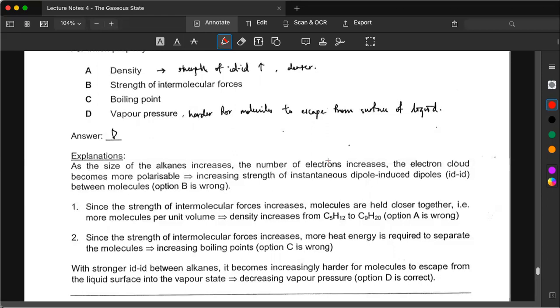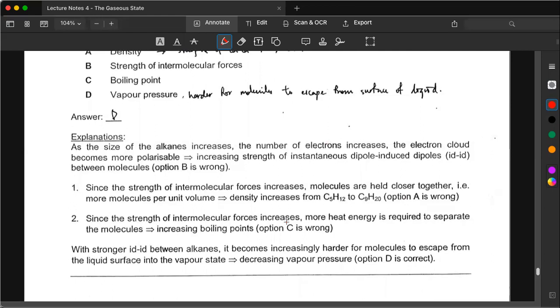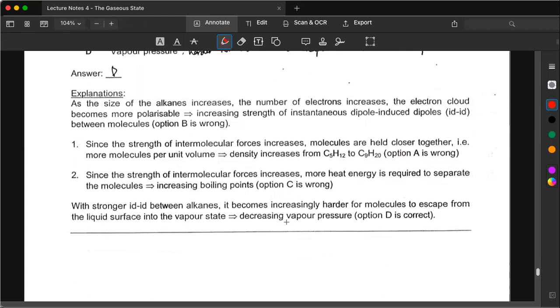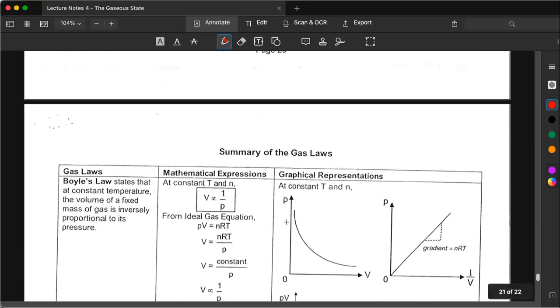This results in an increase in density, so A is also wrong. When the strength of intermolecular forces increases, the boiling point will increase, so C is wrong. Only D will be correct, because with stronger IDID between alkanes, it will be harder for molecules to escape from the liquid surface. This causes the vapor pressure to decrease.